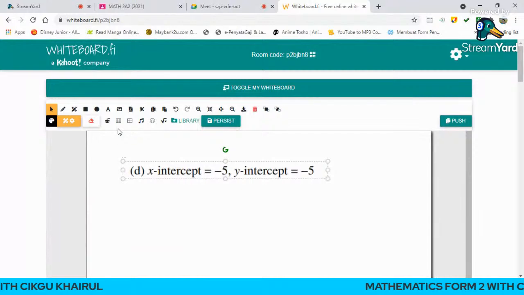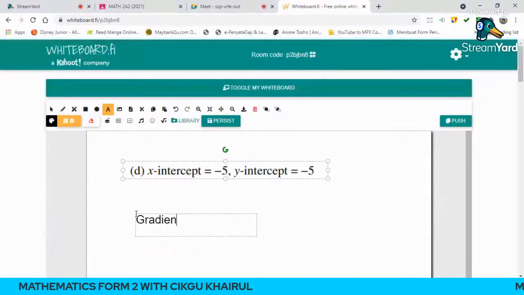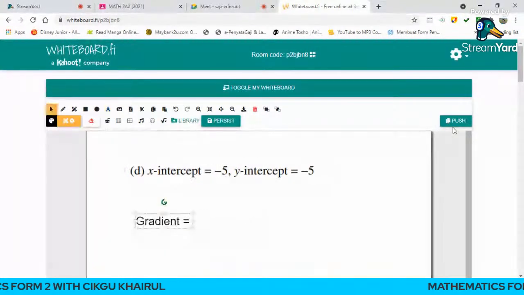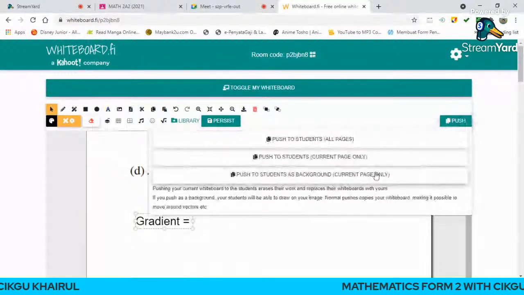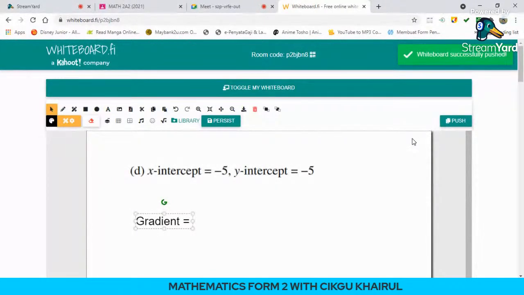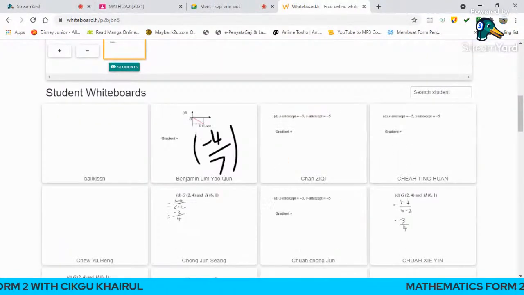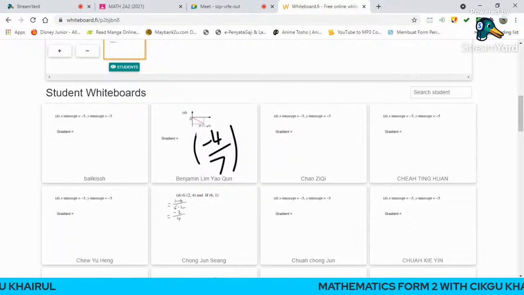Question D. So let me write here gradient. I give this question to you. Okay, the whiteboard is successfully fixed. I hope you can see the question.